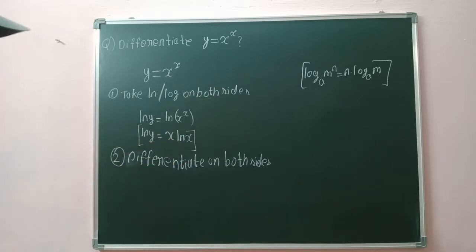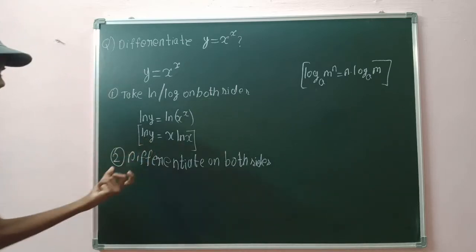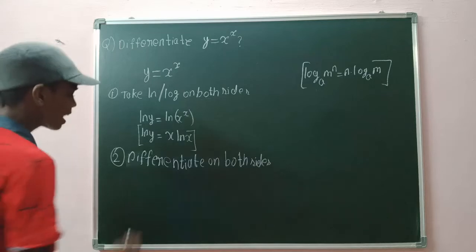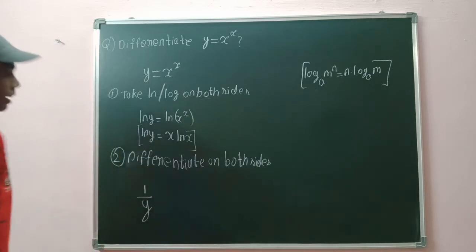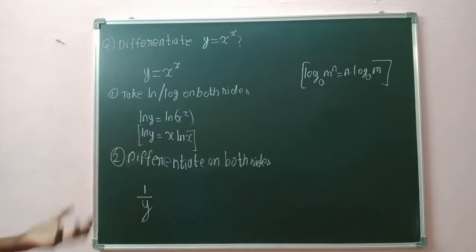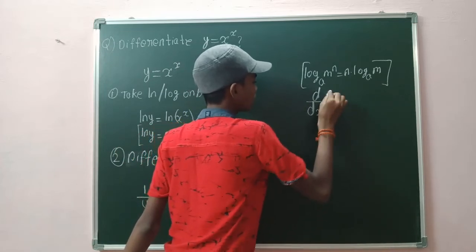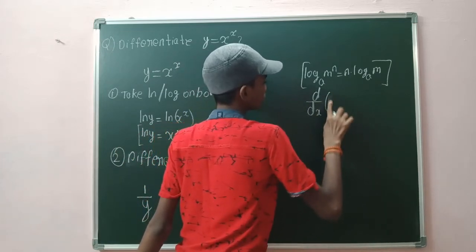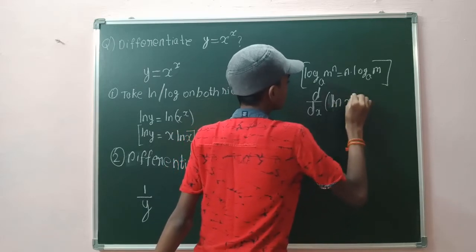What is the derivative of ln of y, that is your LHS? The derivative of ln of y is 1 by y. Correct? Very simple concept. Ln of x differentiation is, I will write it anyway: d by dx of ln of x is nothing but 1 by x.